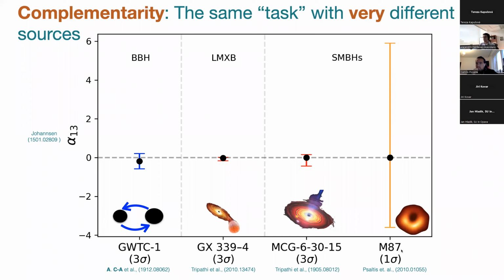Now, for M87 using the EHT results, as you can see, this error bound is at 1 sigma as opposed to these 3 sigma ones. So you might want to think, why is that? The reason is that the systematics in all of these observations are very different. In particular, when you do this analysis for gravitational waves, you need the dissipative part of the theory, and the systematics here come from your ability to solve the field equations to get this radiation reaction.